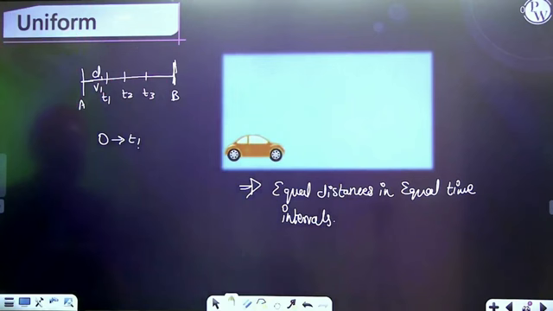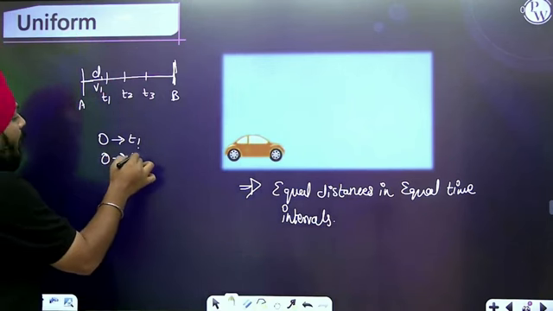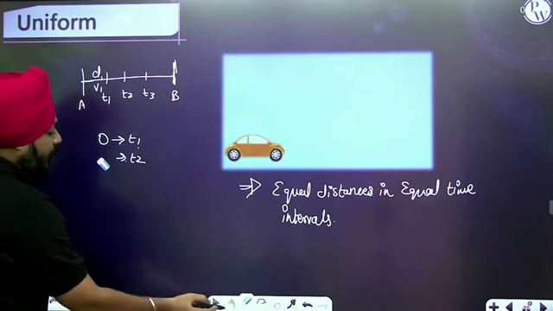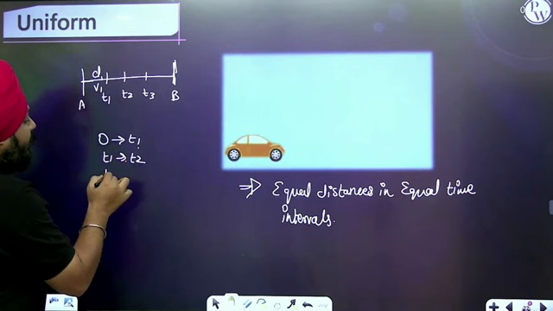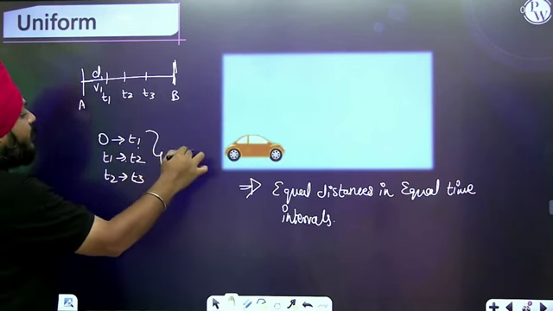But uniform motion states that from 0 to t1, 0 to t2, or in another sense from t1 to t2, t2 to t3, in all of those the speed of the particle is constant.